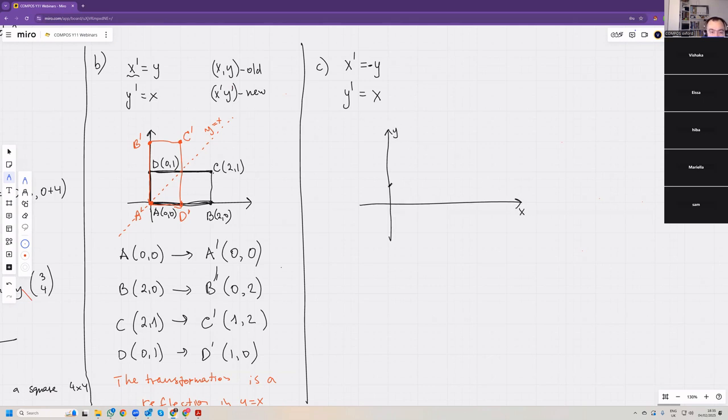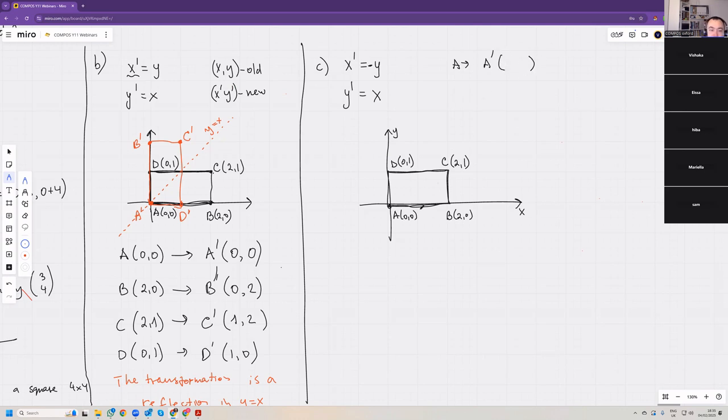X and Y. So A 0, 0, B 2, 0, C 2, 1, and D 0, 1. So A goes to A dash.